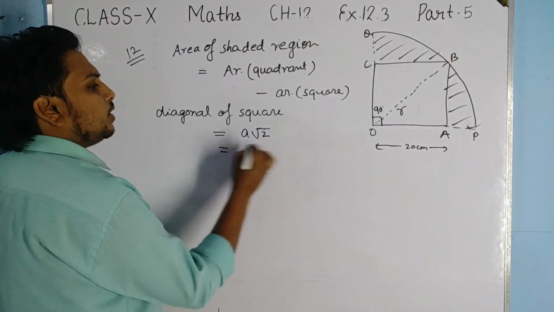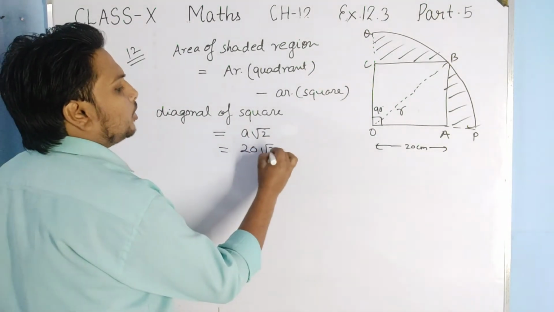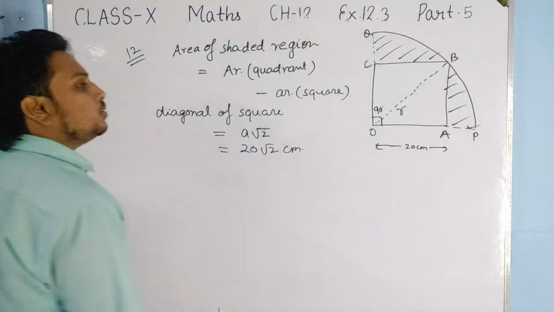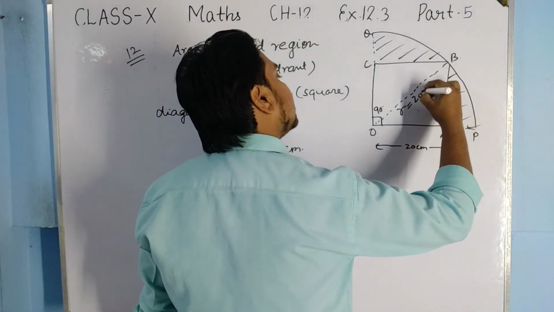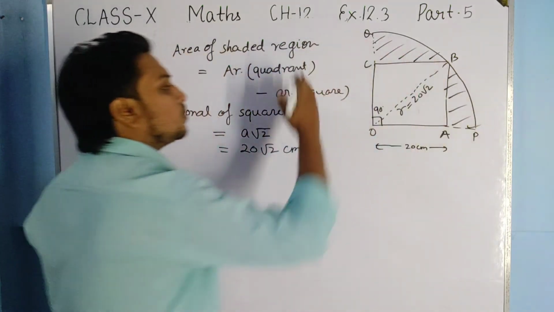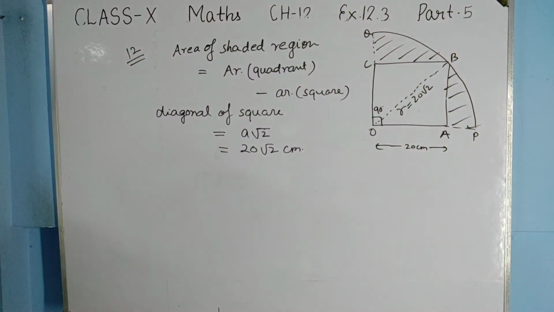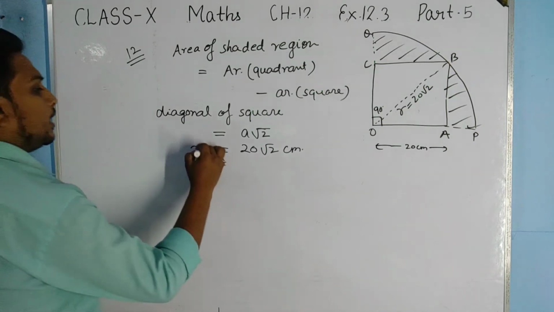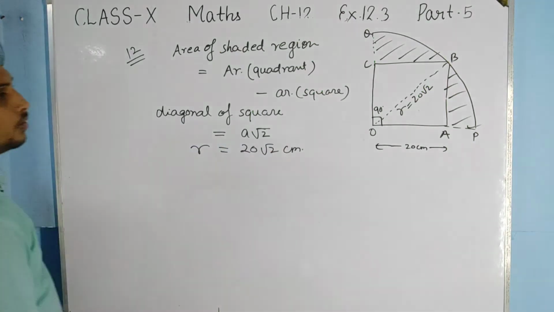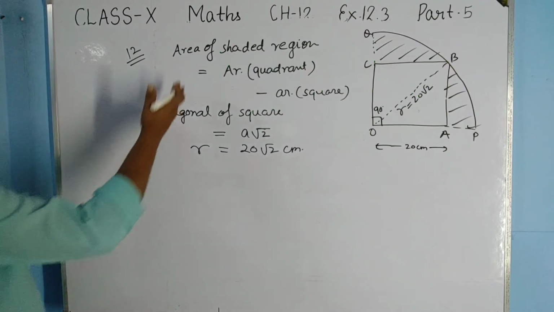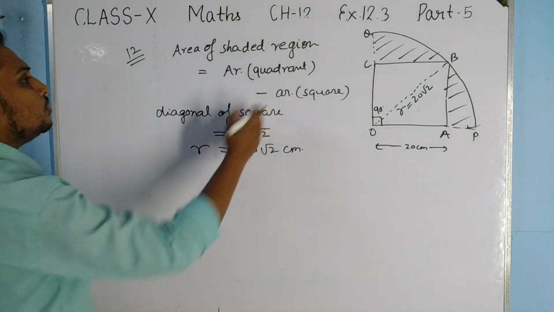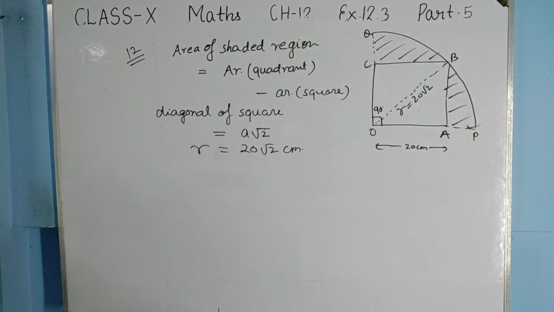Here a is given as 20, so 20 under root 2 centimeter will be the radius for this quadrant. Now we have the radius also, and we have the side, so you only have to go through this concept. So just pause the video and note it down.